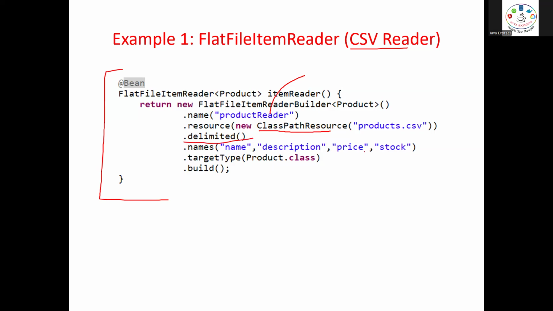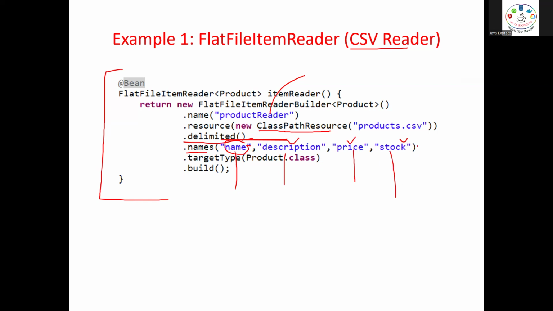Inside a CSV file, you need header information, what data you are providing, so you need to provide the names. Inside my CSV file, I have name, description, price, and stock, comma separated. So inside the names, I have product name, product description, price, and stock.